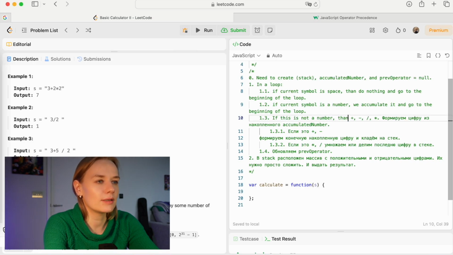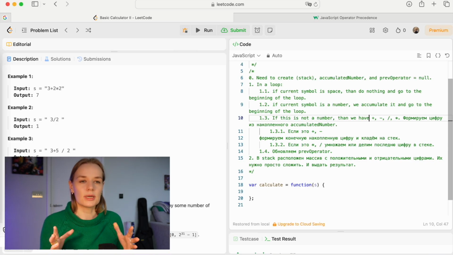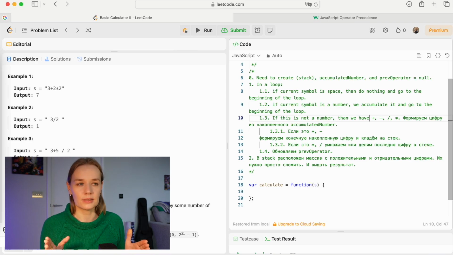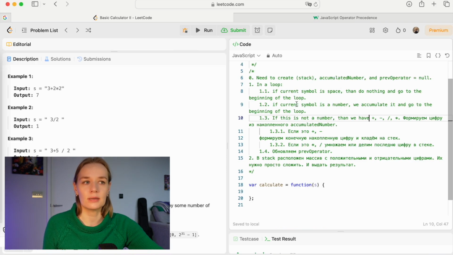The string could consist of only spaces, only numbers, or only operators, so if it is not a space or a number, we definitely have an operator here.